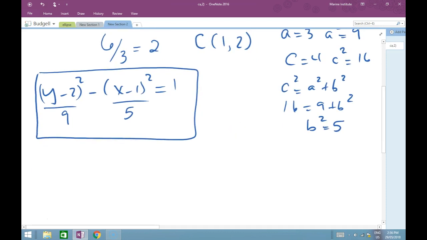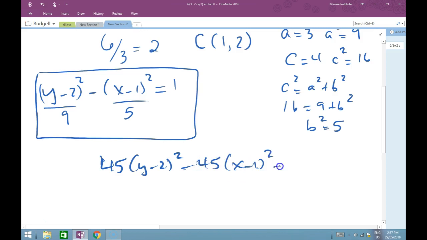Now, how do we change this into the general equation? Well, 9 times 5 is 45, so we're going to multiply everything by 45. As we do this carefully, don't forget to multiply the 1 by 45 as well.